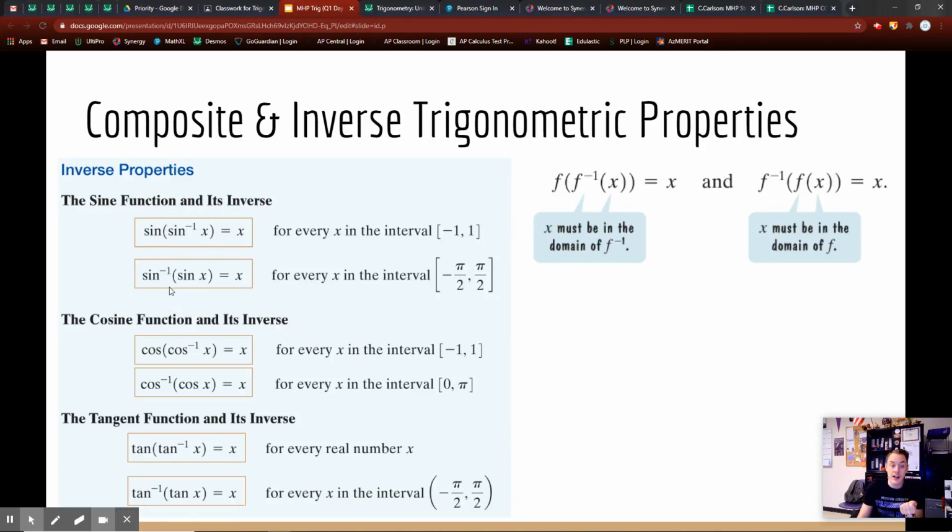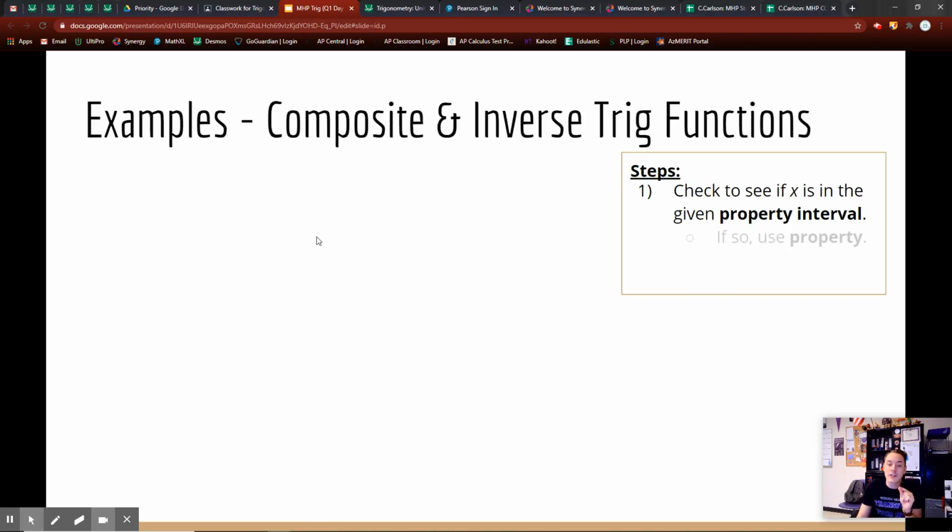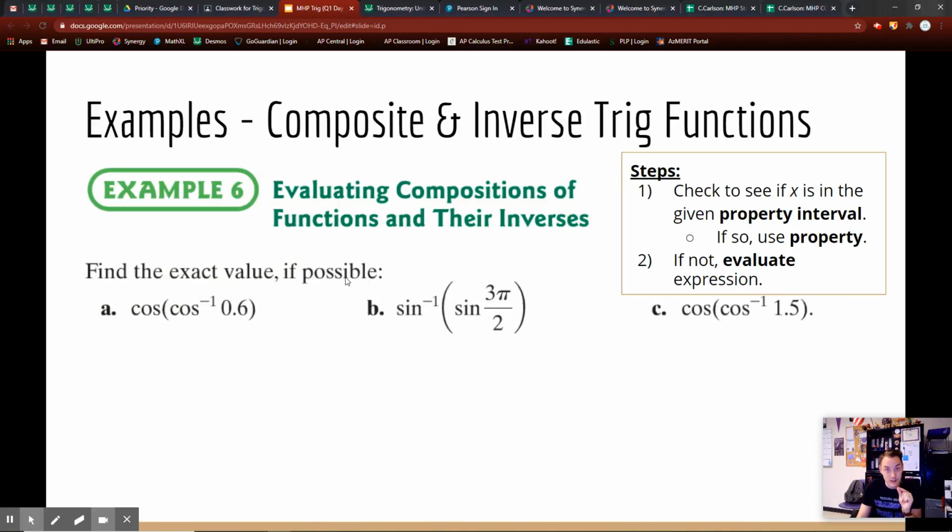So sine, inverse sine, sine, cosine, inverse cosine, cosine. You're not taking inverse cosine tangent, right? That doesn't equal x. Okay, you're not taking inverse sine cotangent. Okay, you're taking inverse sine sine, that equals x. So the previous slide only applies to these examples.